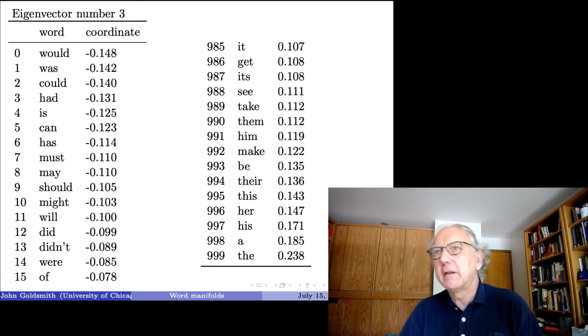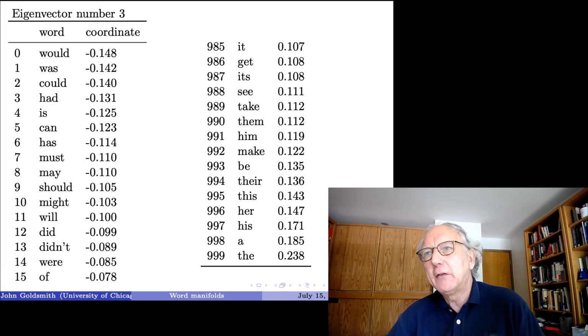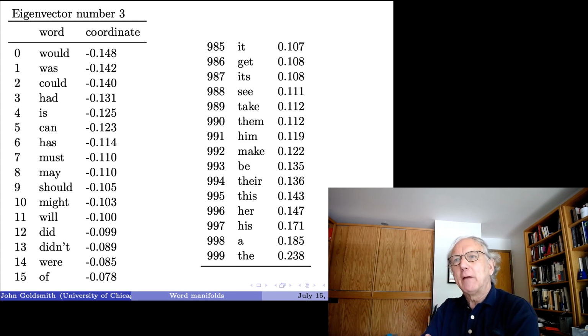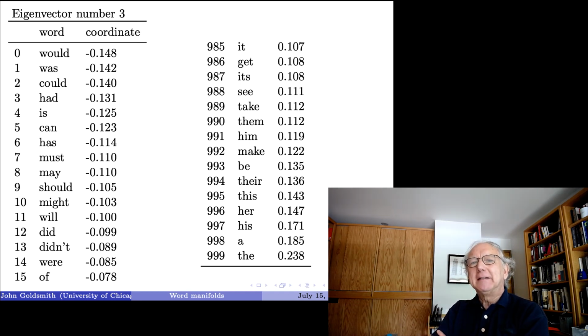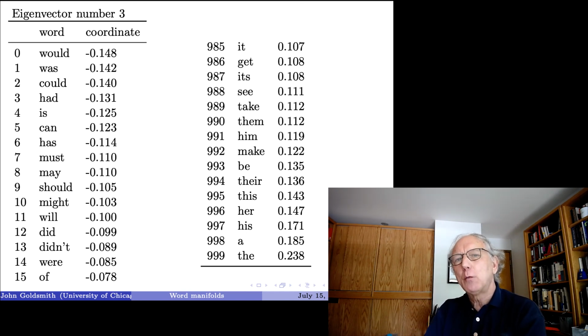All right, on to the next, eigenvector number 3. What do we see? At the top of the list, we have would, was, could, had, is, can, must, has, say, should, might, will, did. So it's finding a lot of similarity between these words, and these are the words that can invert in a yes-no question, like would you do it, was he there, could he do it, had he done it.